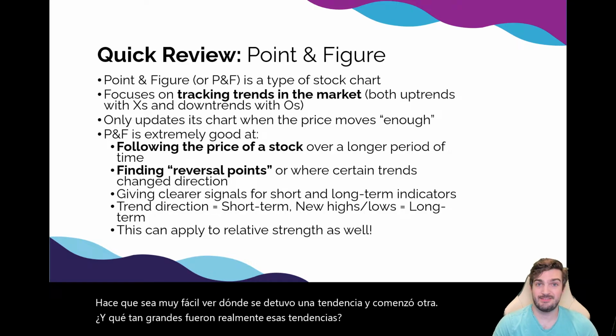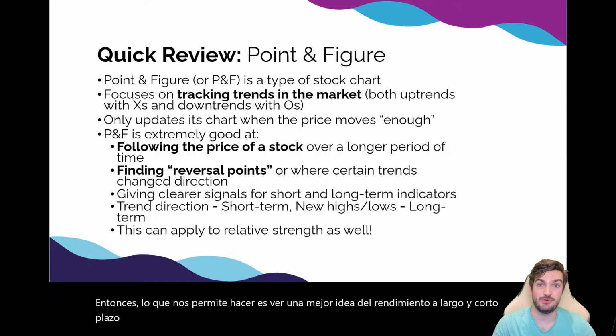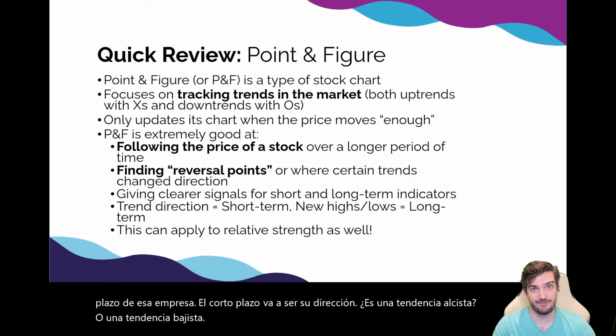So, what it lets us do is see a better idea of the long-term and short-term performance of that company. The short term is going to be its direction. Is it in an uptrend or a downtrend? X's or O's?